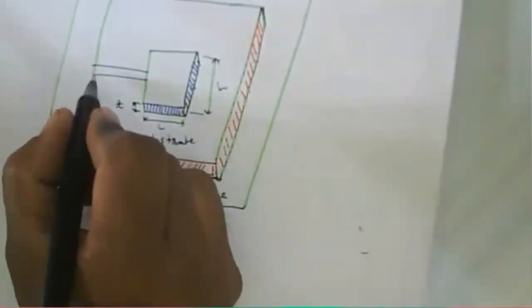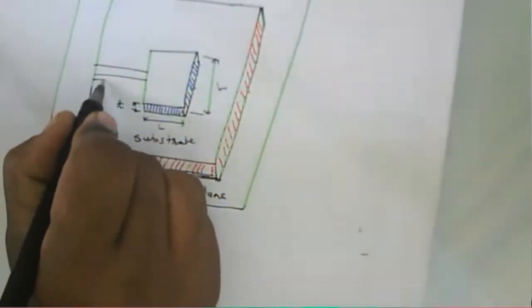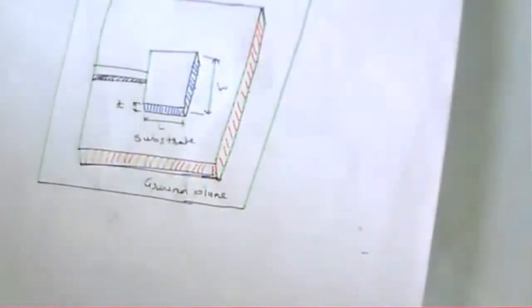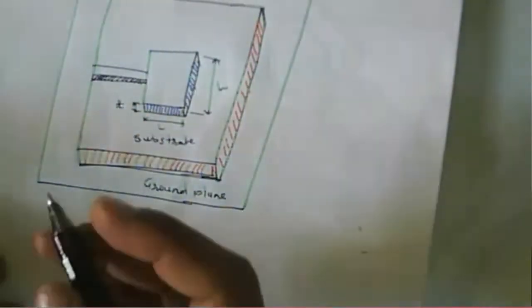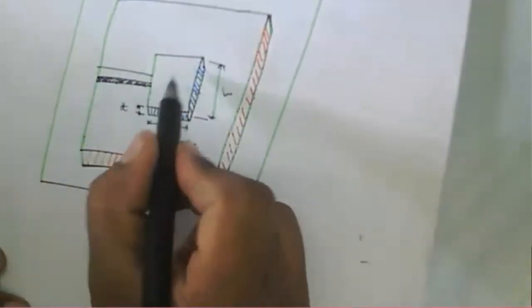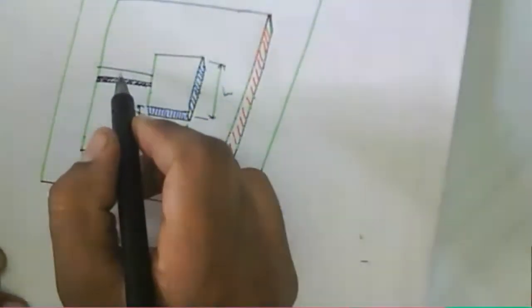For this particular microstrip line, since it has some particular width, this is your antenna, and that is the length of the transmission line, the microstrip line.